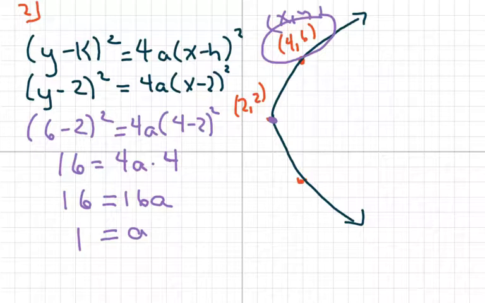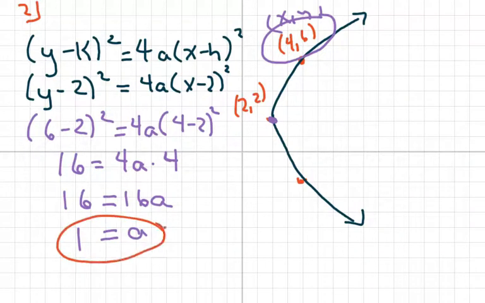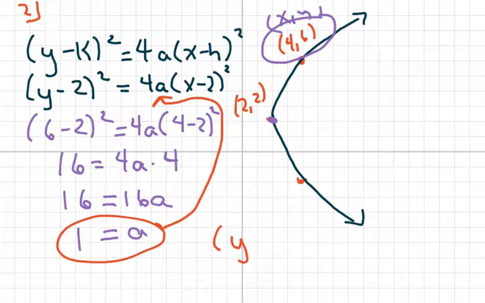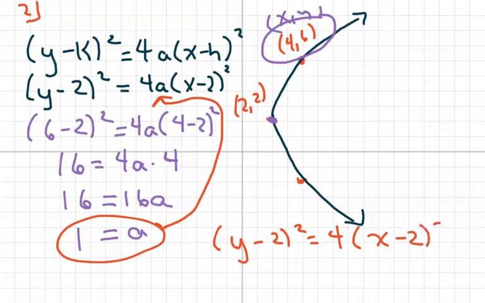And all I'm going to do is take this 1 and plug it back into this equation here. So my final equation is y minus 2 squared equals 4, because 4 times 1 is 4, times x minus 2. It's not squared here, sorry. I don't know why I did that. Okay, and there's your equation.